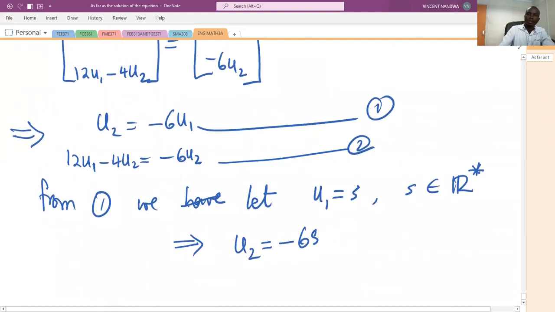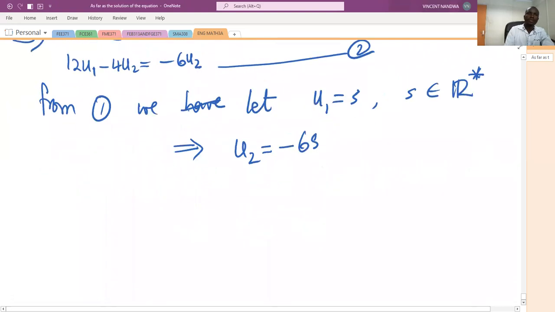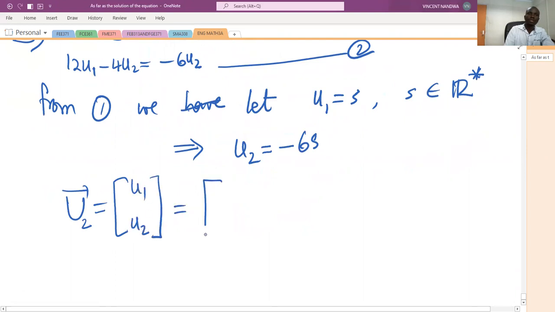So then the vector U2, which is U1, U2, is s and then minus 6s, which you can write as s times 1, minus 6.